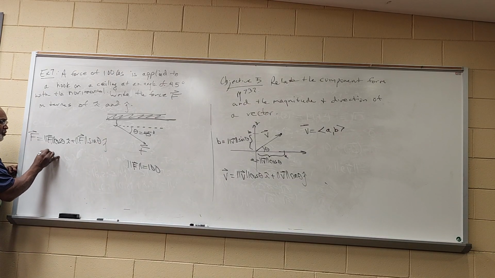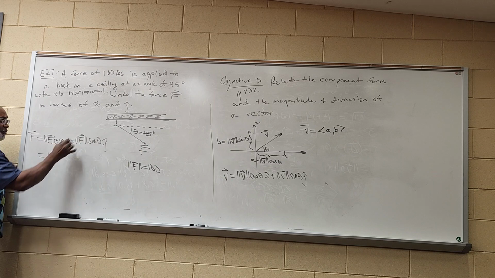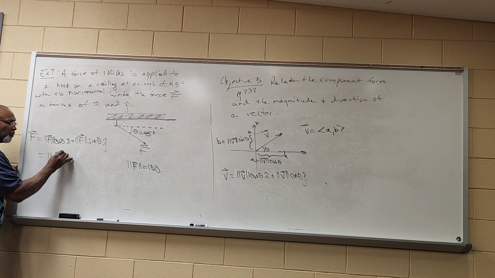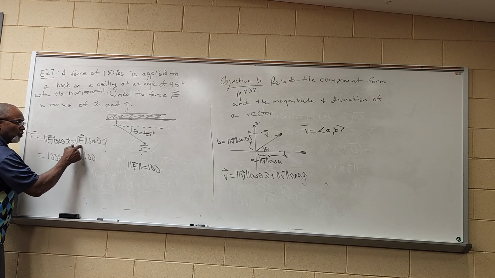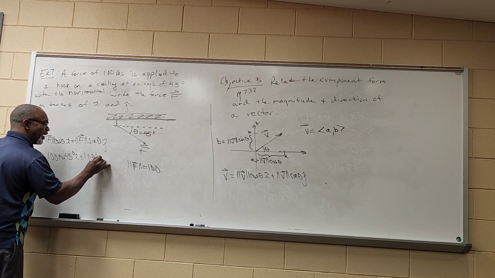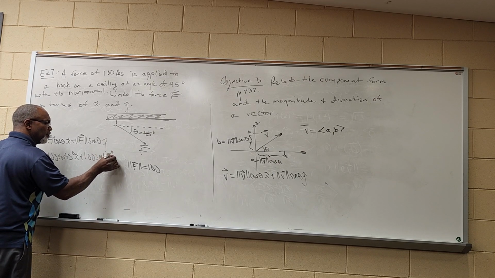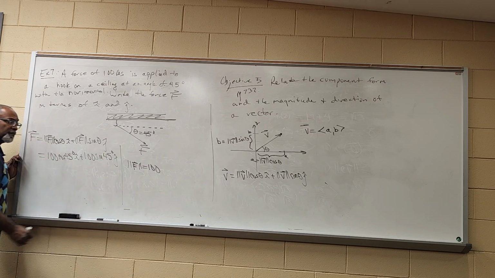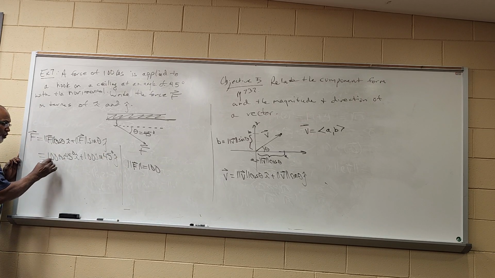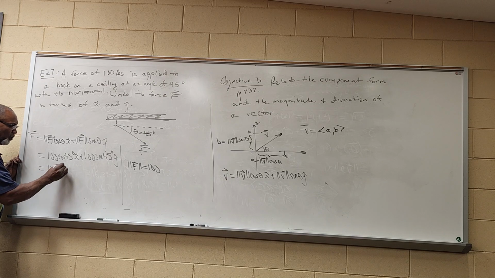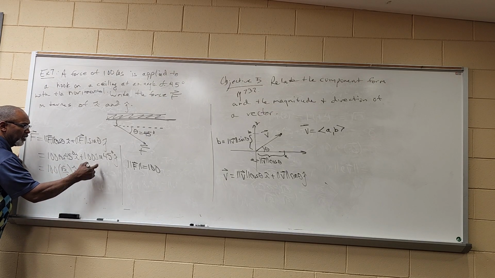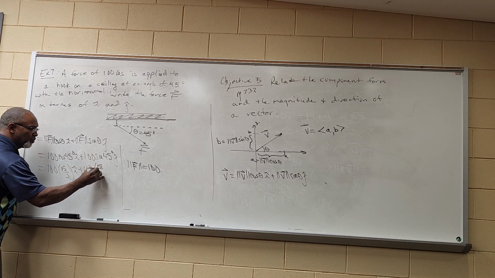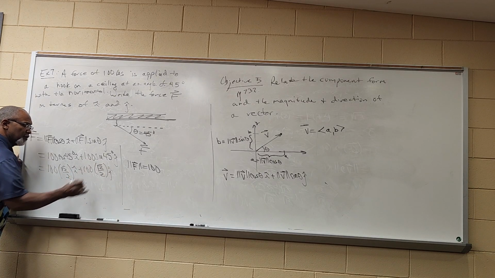But the norm of F is 100 and theta is 45, so 100 cosine of 45 i plus 100 sine of 45 j. I know cosine of 45 is the square root of 2 over 2 from my unit circle, and the sine of 45 is also the square root of 2 over 2.